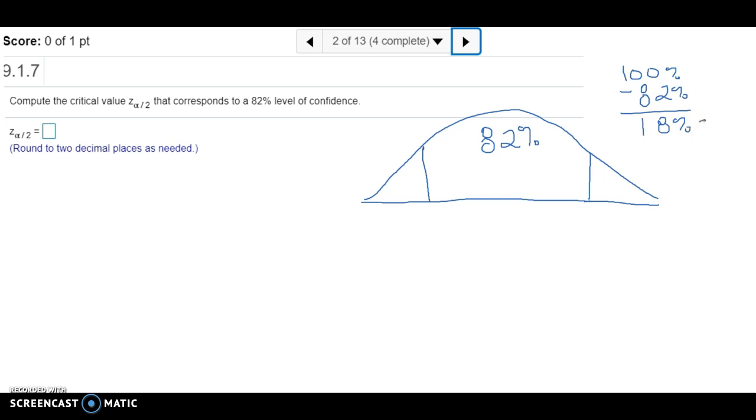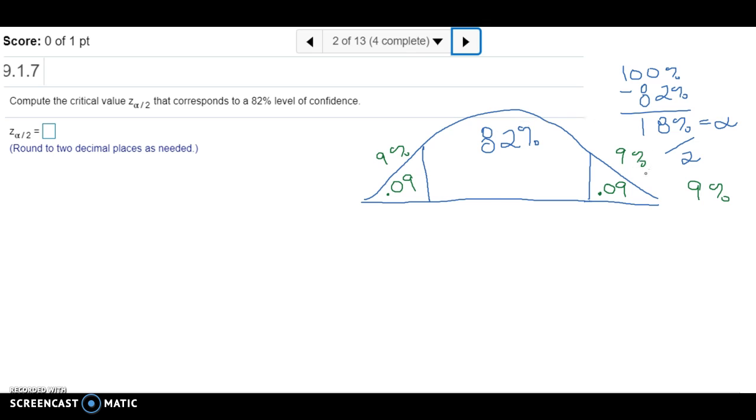They call that alpha, and you always divide that by 2. The reason we do that is we split it evenly between the two tails. So what that gives us is 9%. That leaves 0.09 in the top tail, 0.09 in the bottom tail, or 9% here, 9% there.